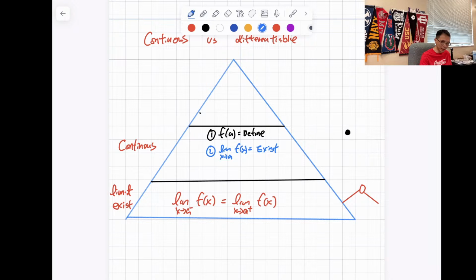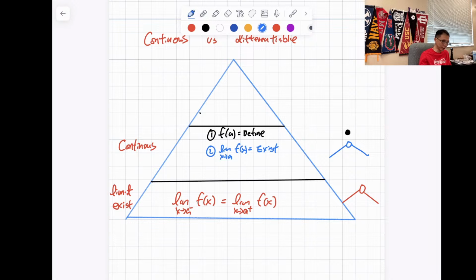Limit exists, right? Does that mean it's continuous? Is this continuous at this moment right now? Are you sure? It's not. If you have 2 conditions, it's not really continuous yet. It requires 3 conditions.